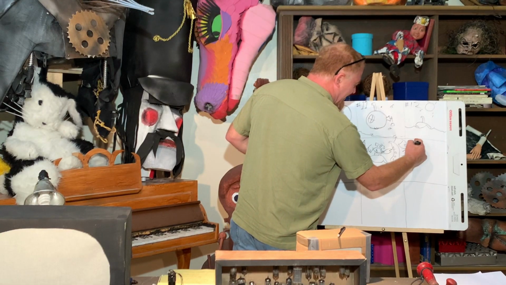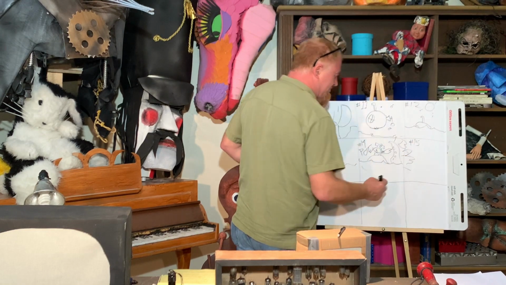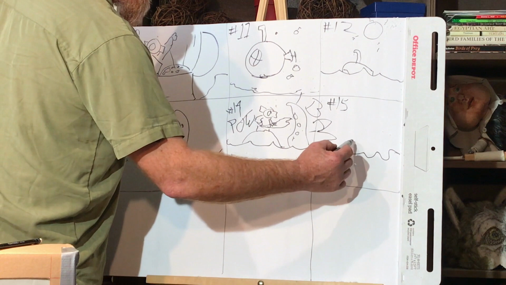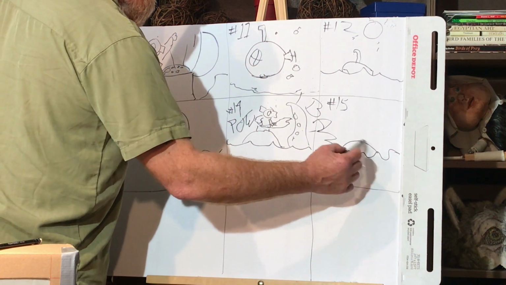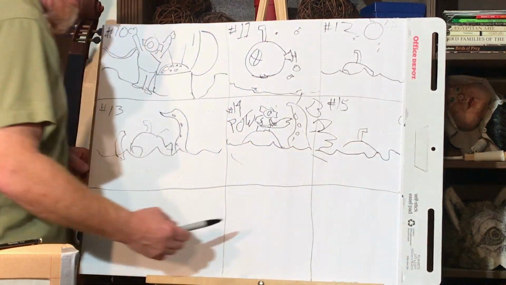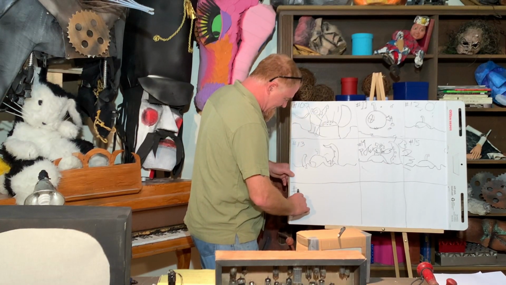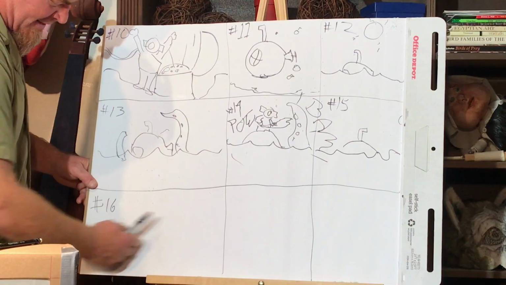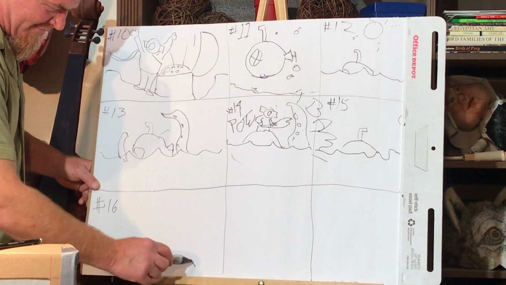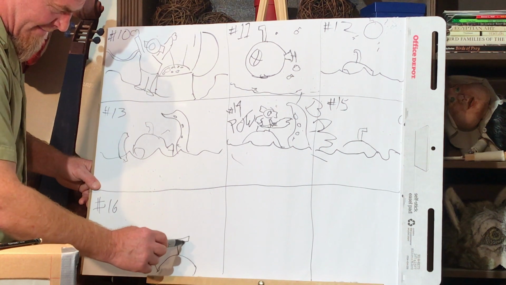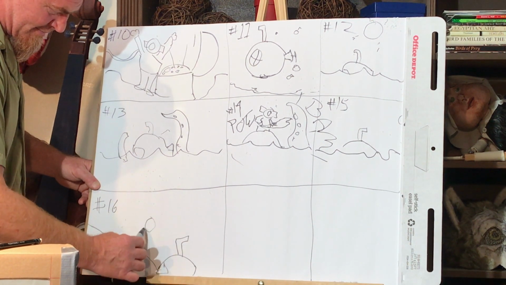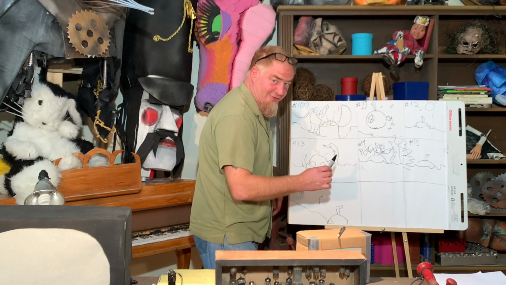So number 15. So we're back in the sub and we're heading home. And the sun is going down. On 16. You are home. You can use stick figures or whatever.